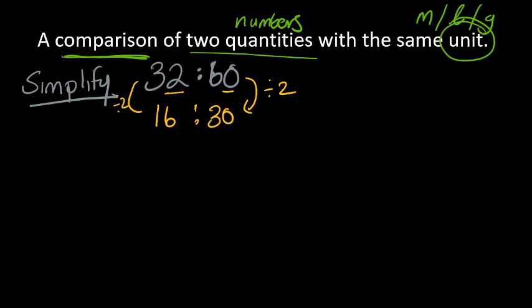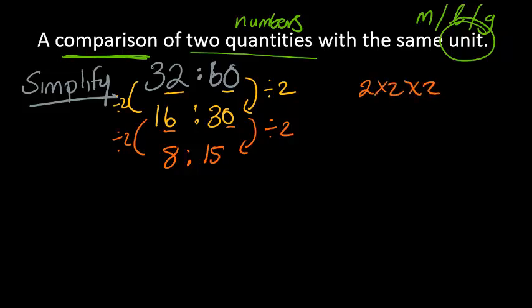Then I've got even numbers again, which means I'm going to divide by 2 on both sides. 16 divided by 2 is 8, and 30 divided by 2 is 15. Now the factors of 8 are 2 times 2 times 2 equals 8, and the factors of 15 are 3 times 5.